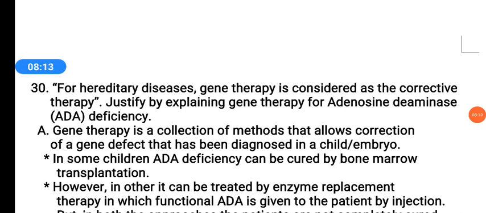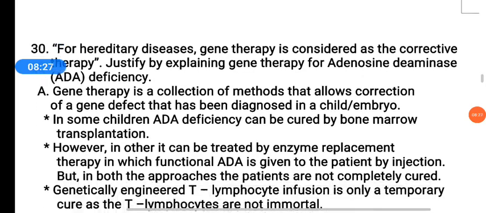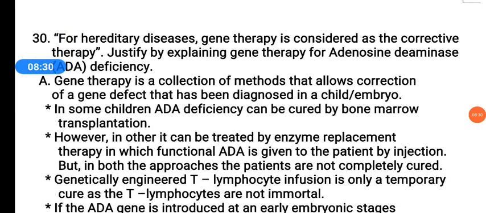In some children, ADA, adenosine deaminase deficiency can be cured by bone marrow transplantation. That bone marrow is present in the long bones. However, in others it can be treated by enzyme replacement therapy, in which functional ADA is given to the patient by injection, but in both approaches the patients are not completely cured.